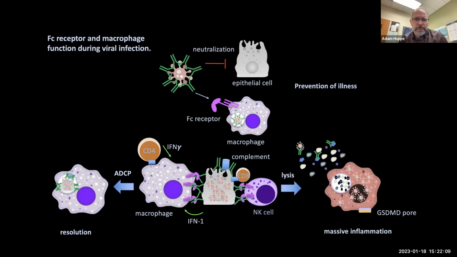Okay, so I'm going to sum up here. What I hope I've done for you today is give you a perspective through the macrophage lens of how antibody Fc function can contribute to viral clearance and prevention of illness in an ideal case, with highly neutralizing antibodies.